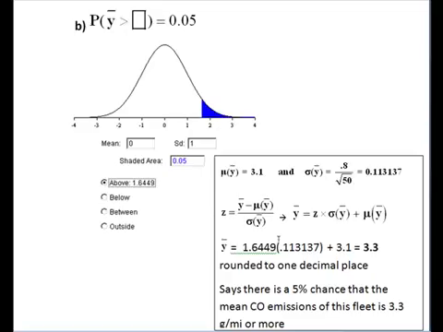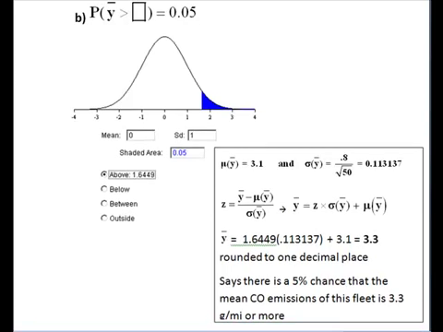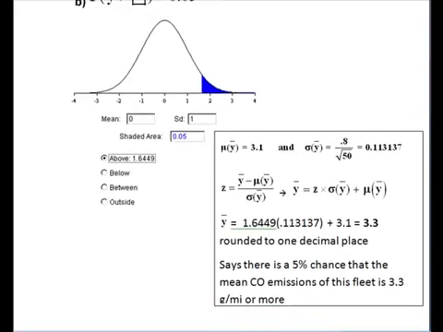The z is 1.6449. The standard deviation we just calculated, and we're going to leave it to several decimal places. The mean is 3.1. The computation yields a sample mean of 3.3 rounded to 1 decimal place. What this says is there's a 5% chance that the mean CO emissions of this fleet is 3.3 or more.